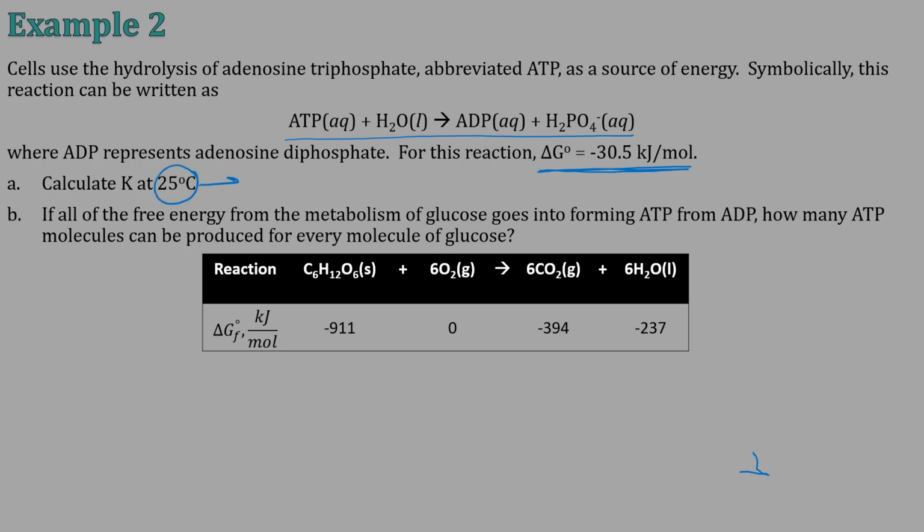So 25 degrees Celsius is 298 Kelvin. And my relationship, delta G is equal to negative RT natural log K. And I'm going to convert this to negative 30,500 joules.